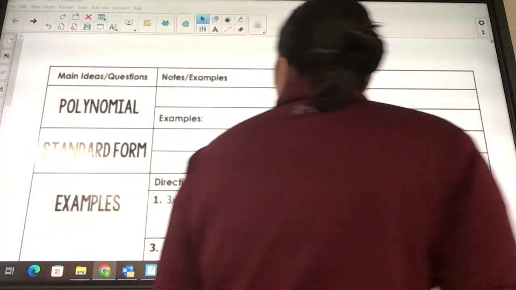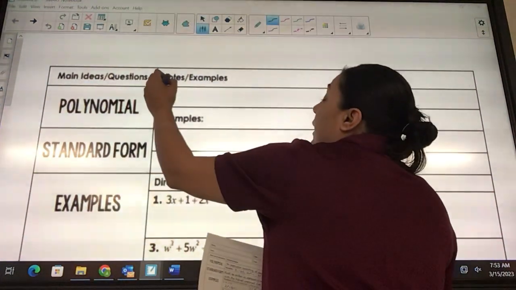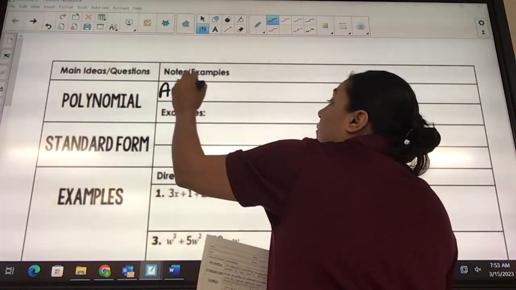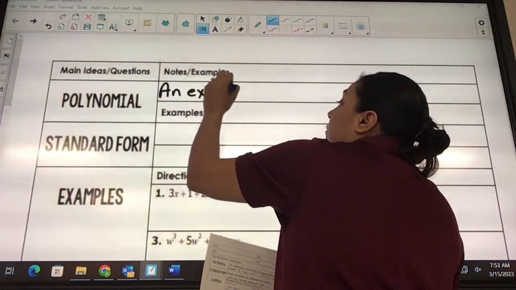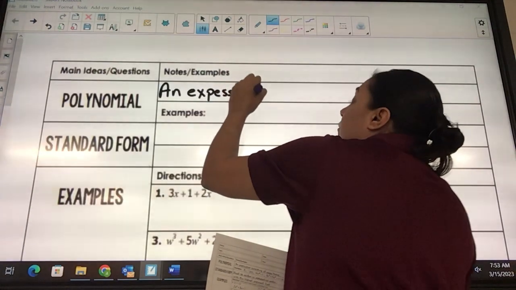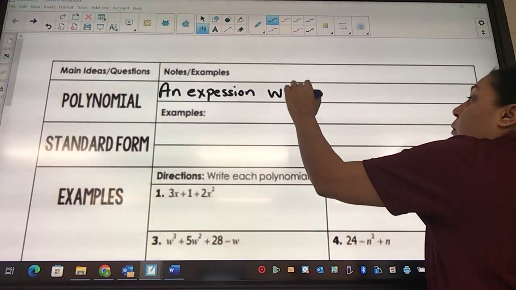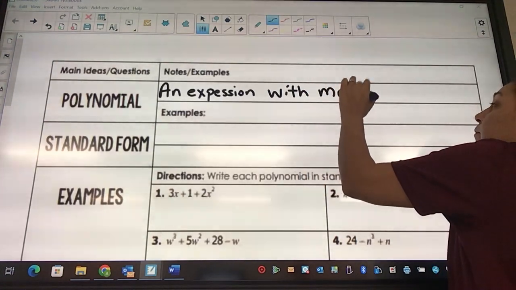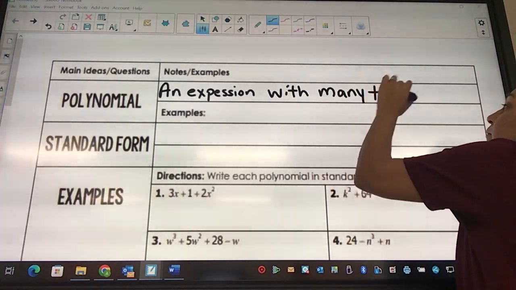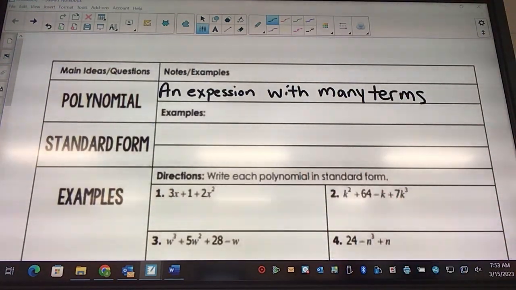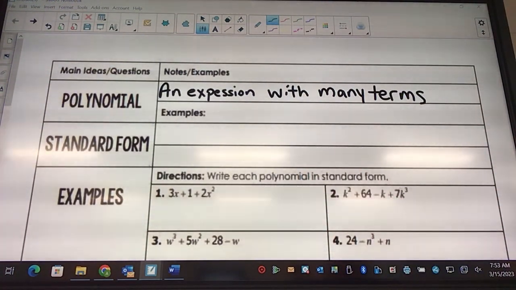Okay, so a polynomial is an expression with many terms. It does not give you a specific number of terms.